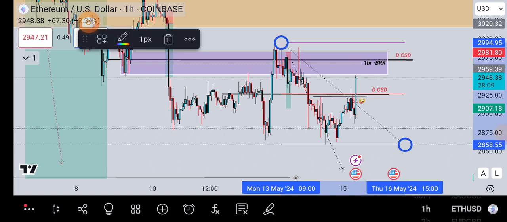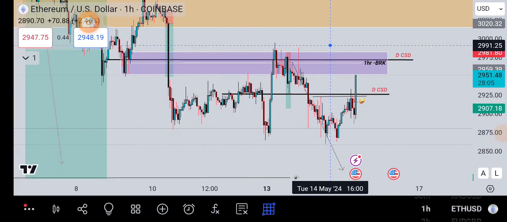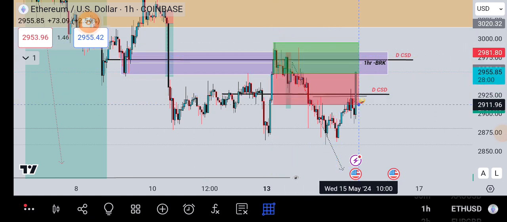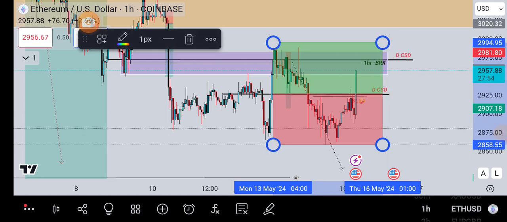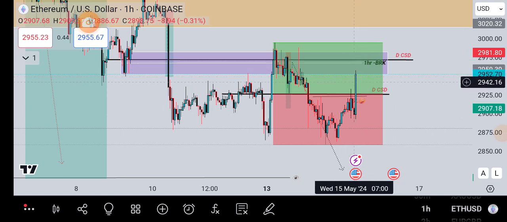Let me use this other tool. So from the highest high of this high to the lowest low, there we are. So we were inside discount, so the market has rallied to premium, right?